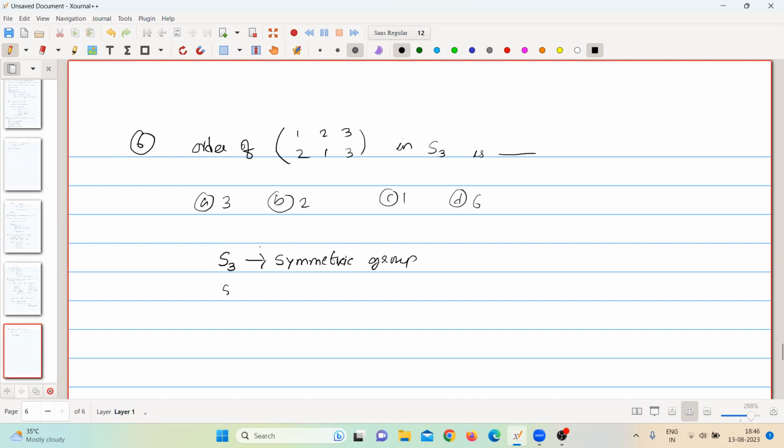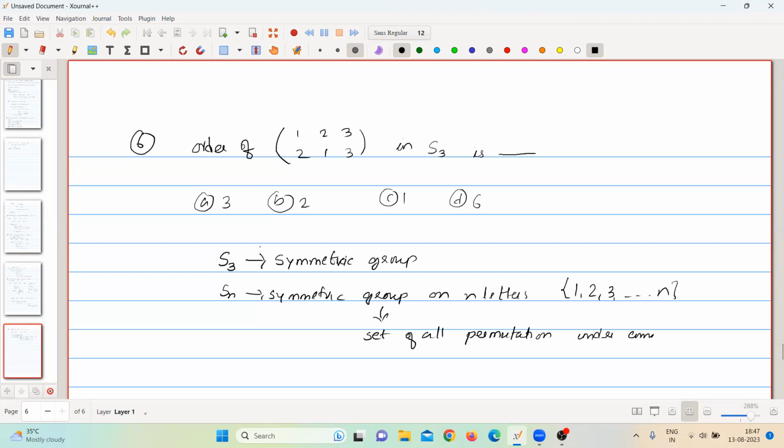In general, we will say Sn is the symmetric group on n letters. The symmetric group was also covered in the class. Let's say we have the symmetric group on 1, 2, 3, up to n. What does this mean? It is the set of all permutations under the composition operation.